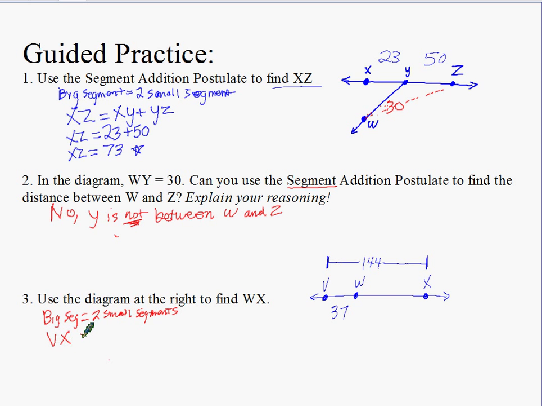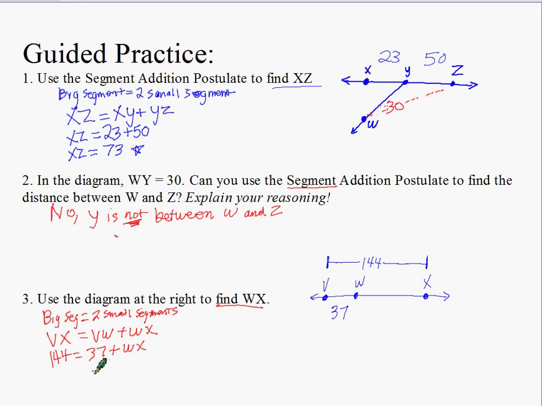The 2 small segments would be VW and WX. As you look at this picture, VW and WX are like 2 sticks. If you put them together, they make a big stick. Now let's fill in what we know. We know what VX is. The picture tells us that is 144. We know VW is 37, and we don't know WX. It says find WX, so we don't know it.